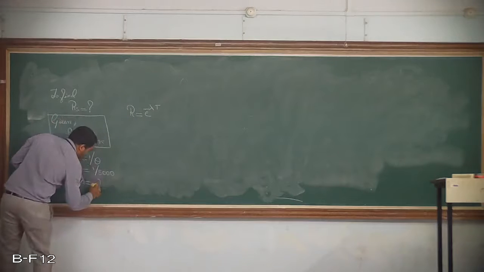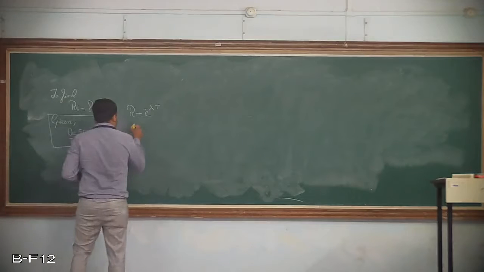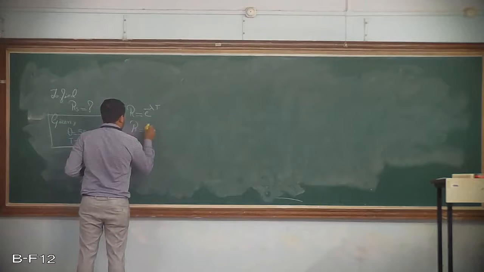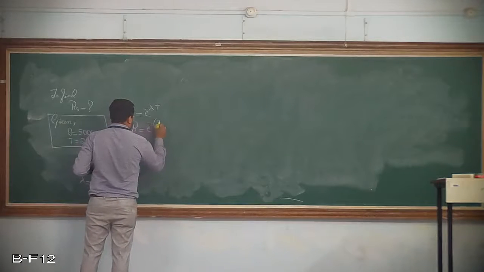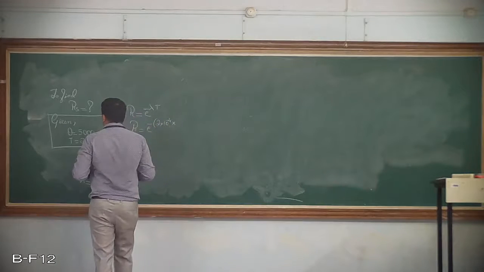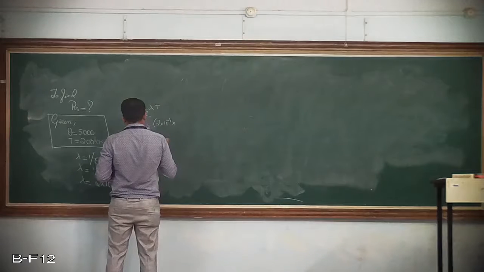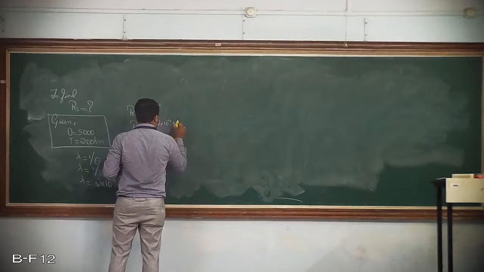So it will be 2 into 10 raised to minus 4, and if we substitute over here, it is e raised to minus 2 into 10 raised to minus 4 into 200.